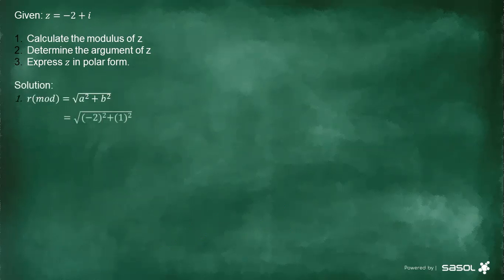The modulus, then you just substitute the values there, then it gives us square root of 5. Let's calculate the argument, the angle. Then we can see that according to the values of A and B, this is going to be on the second quadrant.